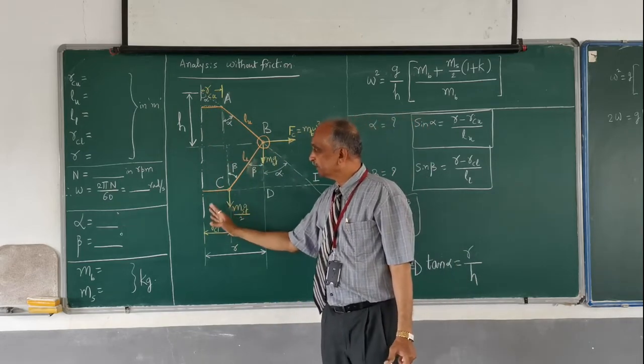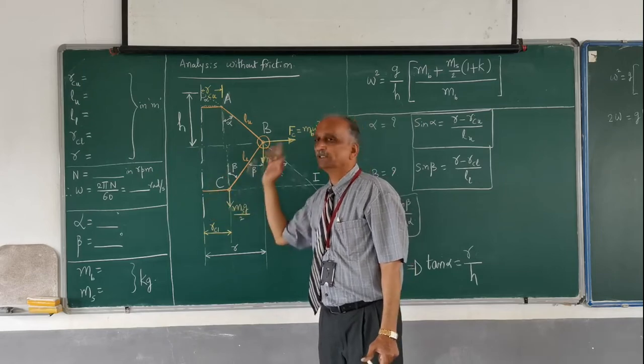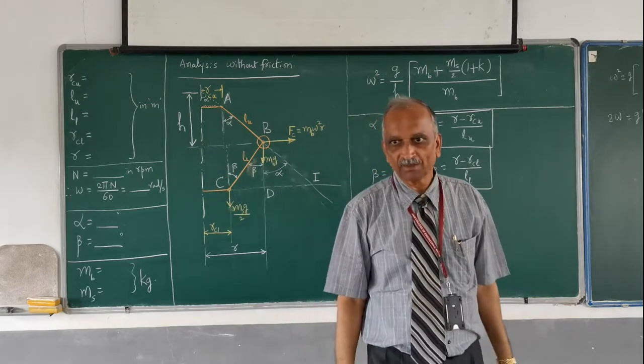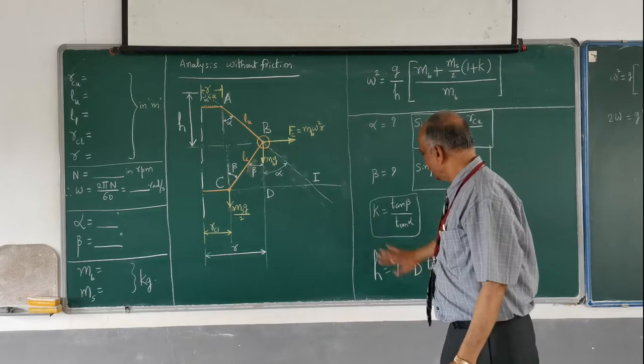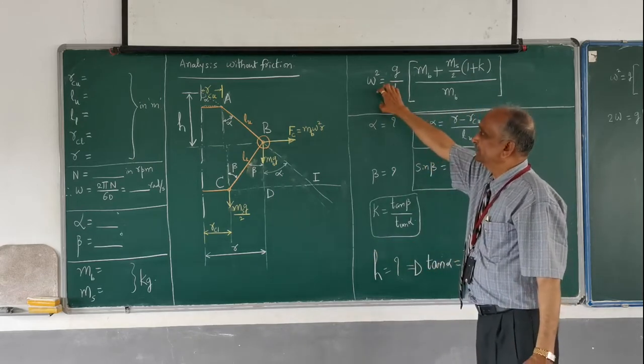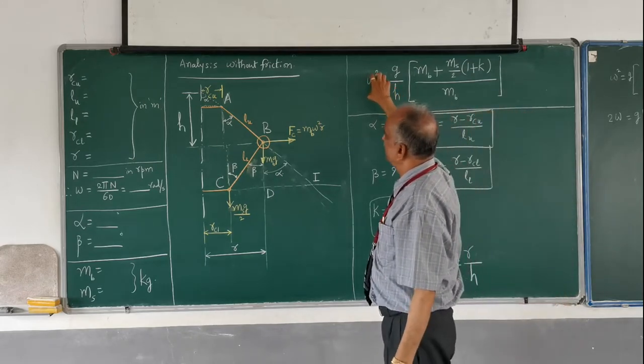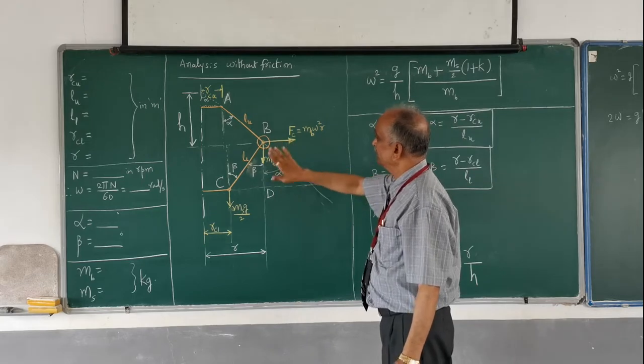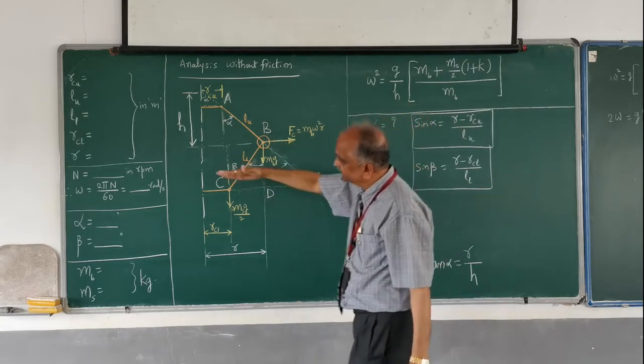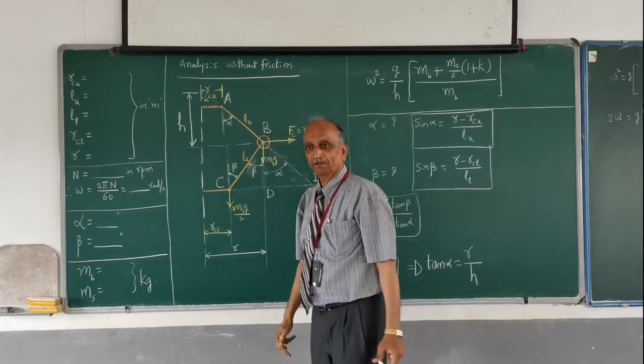That speed I call the equilibrium speed. Please remember, this is what I find out as omega, the equilibrium speed of the governor for this radius or for this position of the sleeve.